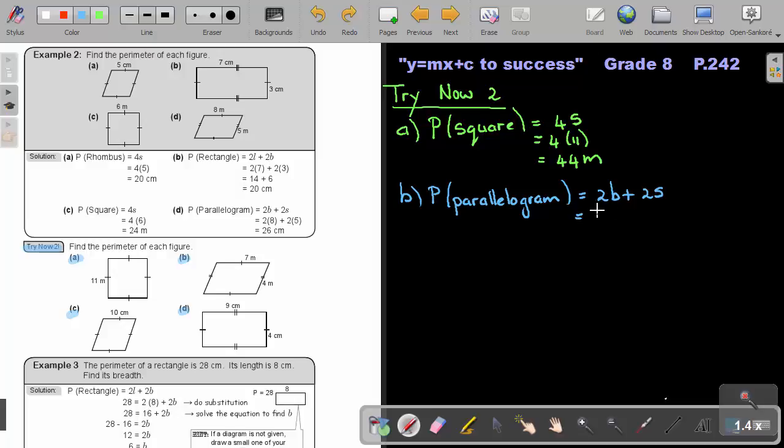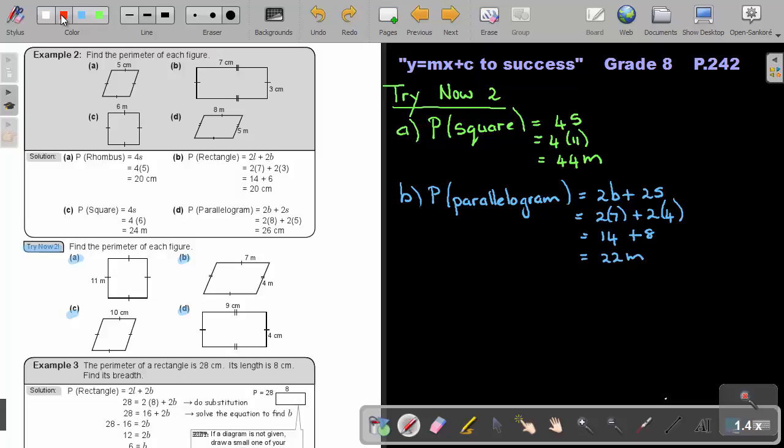So, again, I've put brackets in the place of the variables. So if I look at it, the base will be 7, and the other side will just be 4. So if I work it out, it's 14 plus 8, and that will give me an answer of 22 meters.